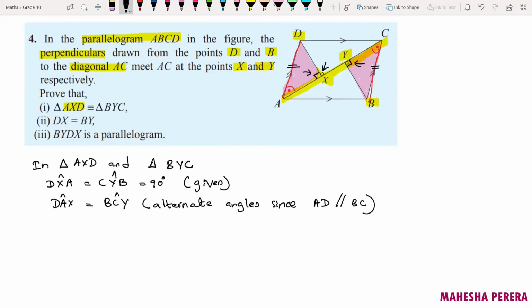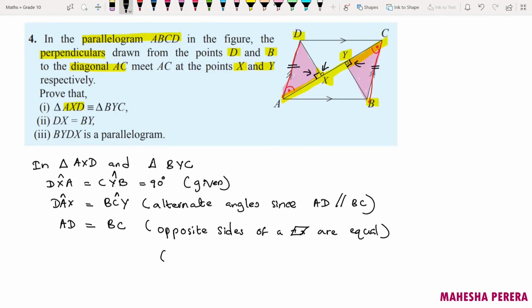Why? This is a parallelogram, so opposite sides should be equal. So let's write AD equals BC. Opposite sides of a parallelogram are equal. So what's the case now? Angle, angle, side, right?